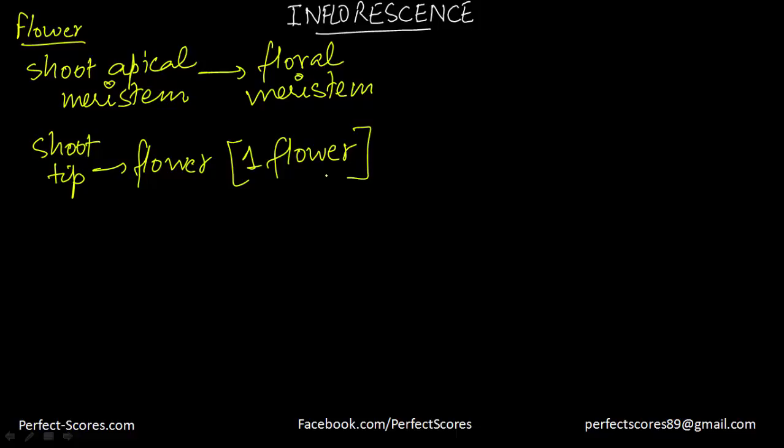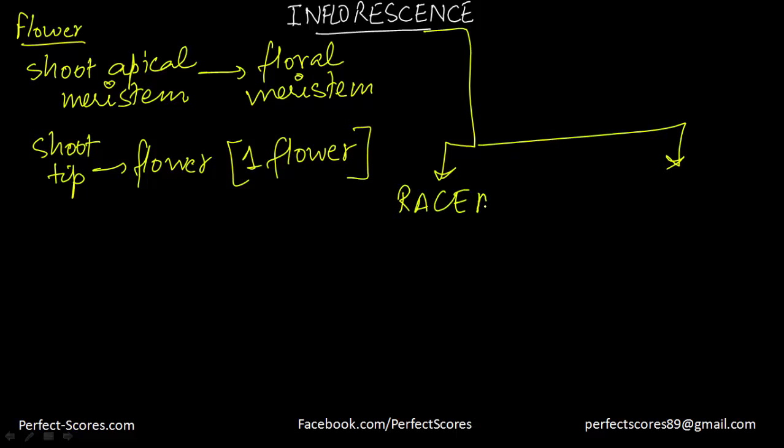Now, how is the flower related to inflorescence? Inflorescence is nothing but how the flowers are arranged on a floral axis. Now, whether the axis gets converted into a flower or it continues to grow, two kinds of inflorescences are defined. One is racemose, the other one is cymose.